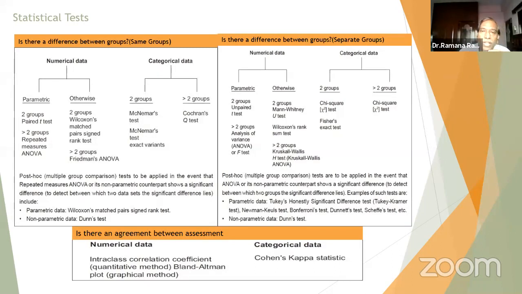So are the two statistically in agreement or not? You can test using the kappa statistic. Are they completely random, or is there any bias in it, and how to do that?